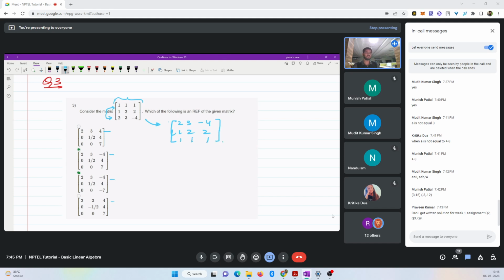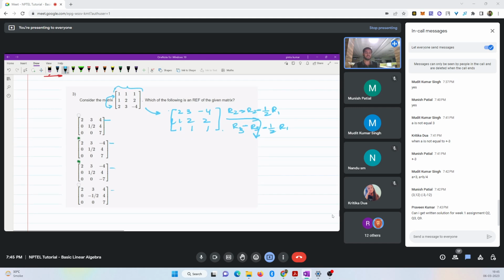Now we want to make these entries 0. So we do two operations simultaneously: R2 goes to R2 minus half of R1, and R3 goes to R3 minus half of R1. So when we are taking half of 2, this row stays 2, 3, minus 4 only.